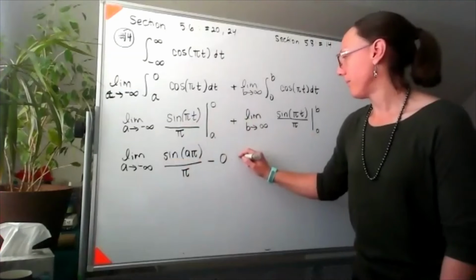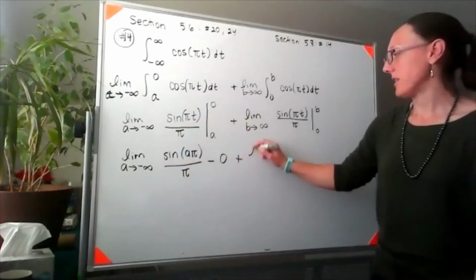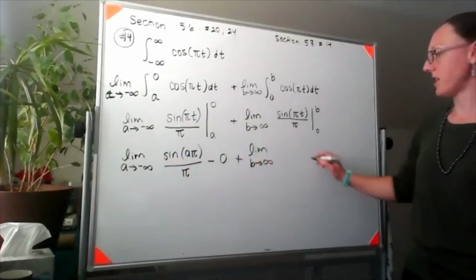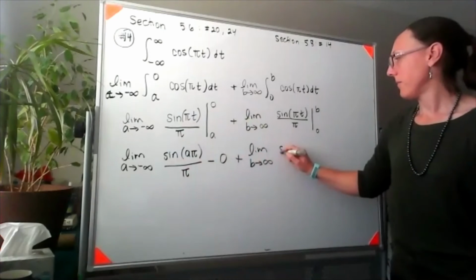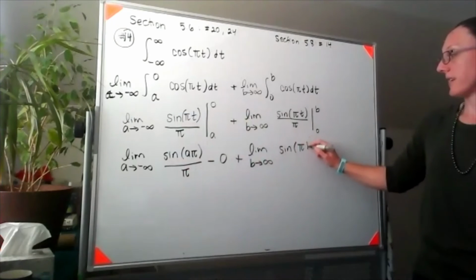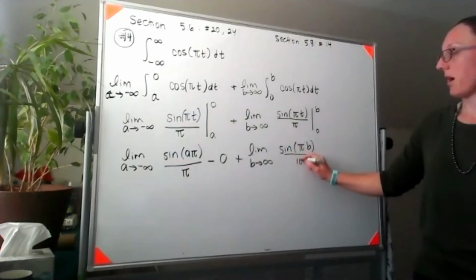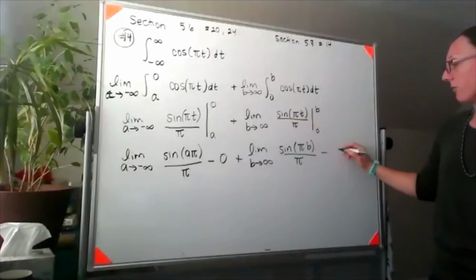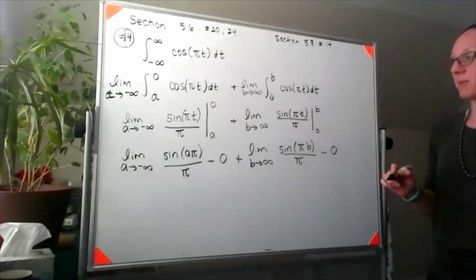Over here, I'm going to take the limit as b approaches infinity of sine pi times b over pi minus, again, when I plug in 0, sine of 0 is going to be 0.